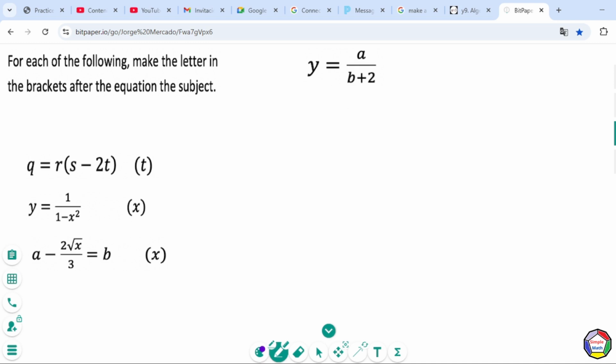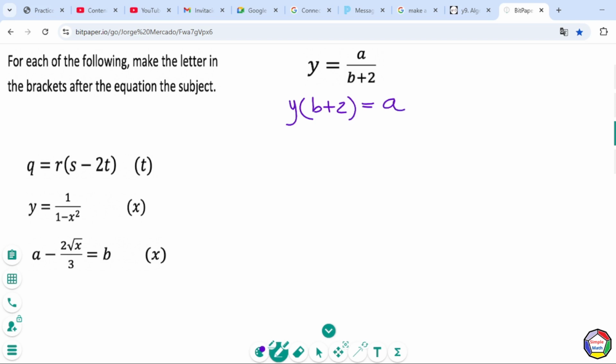I will multiply by y. So I have that y times (b plus 2) is equal to a.